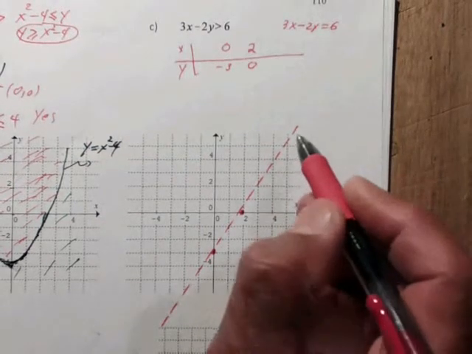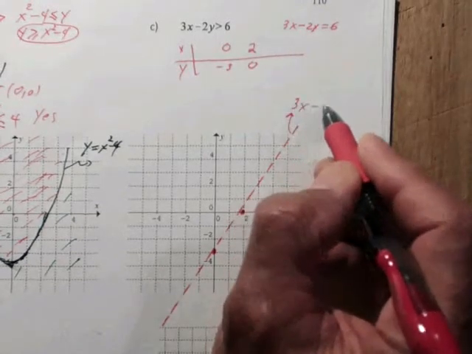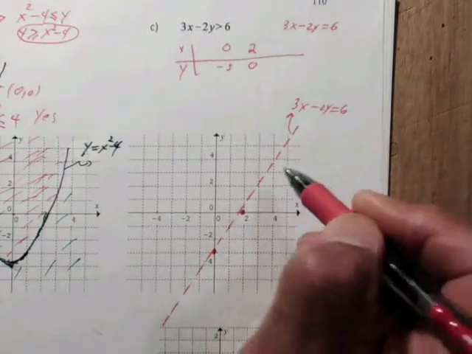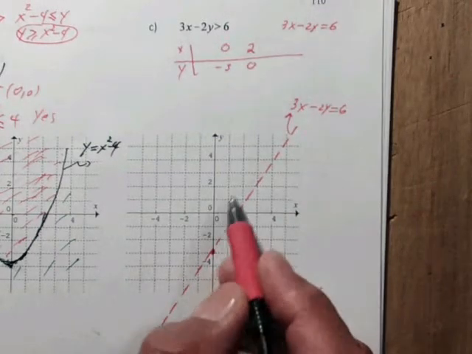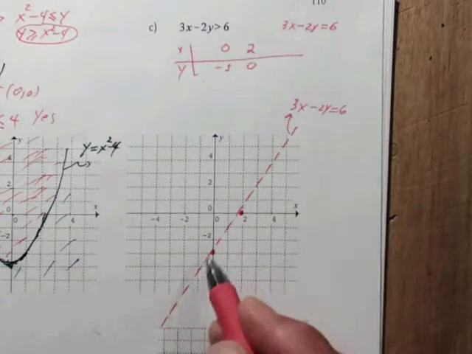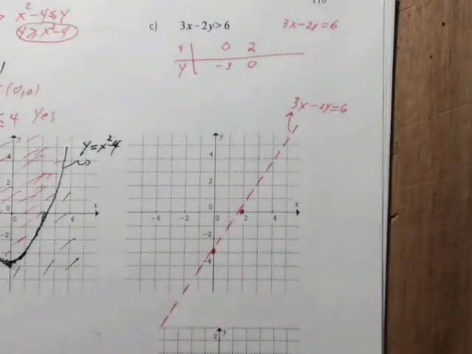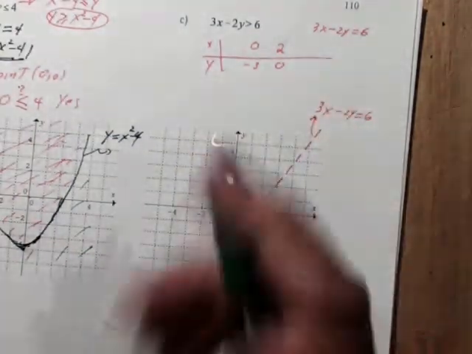This is the line 3x minus 2y equal to 6. Now the only thing left to do is to determine whether points on the left or points on the right are the solutions. For that, you do the test value, test point.